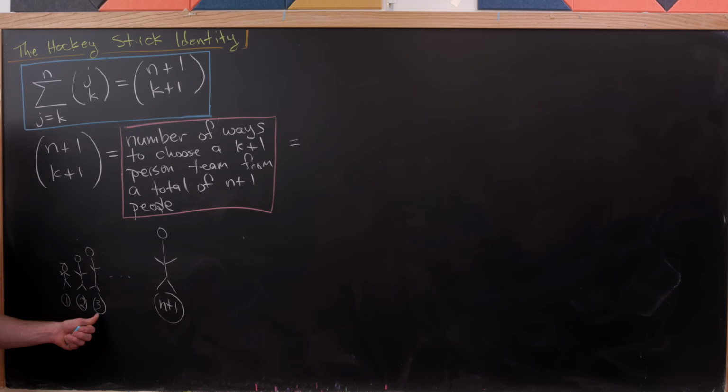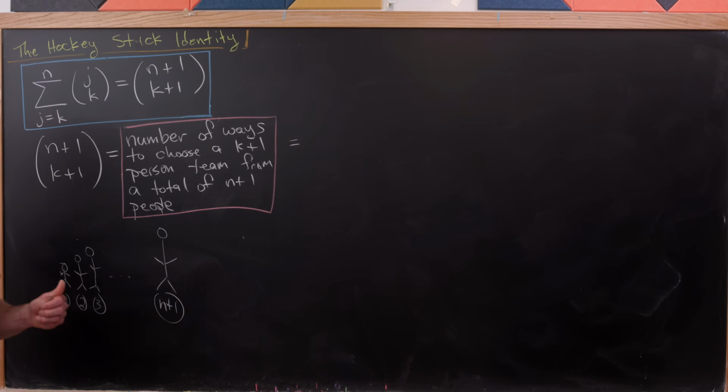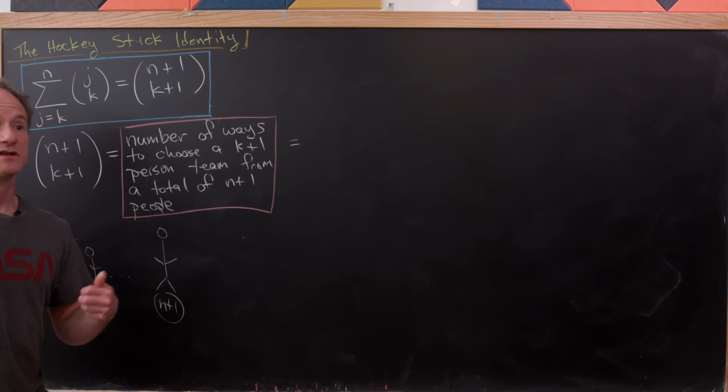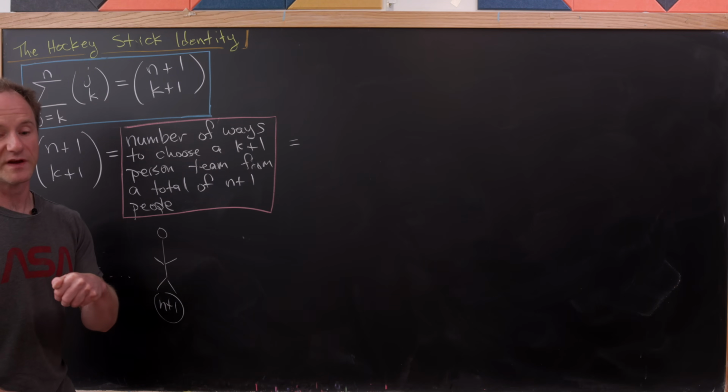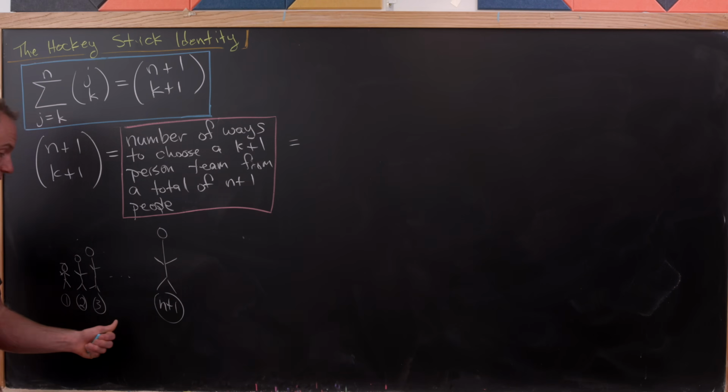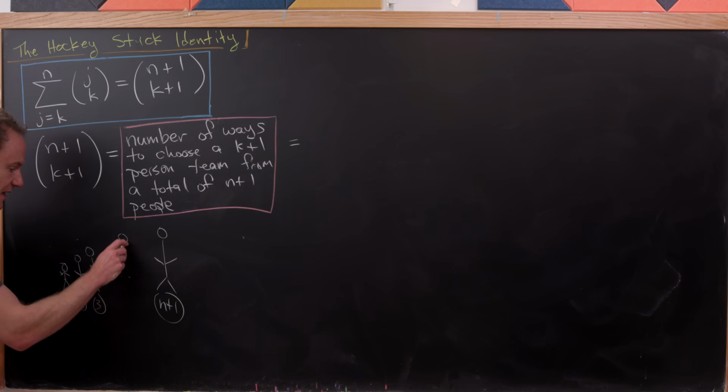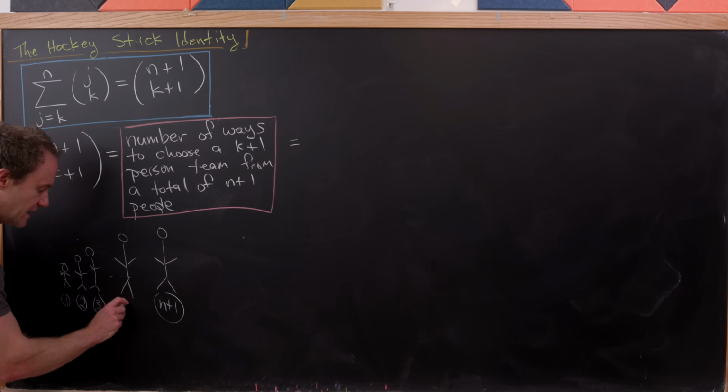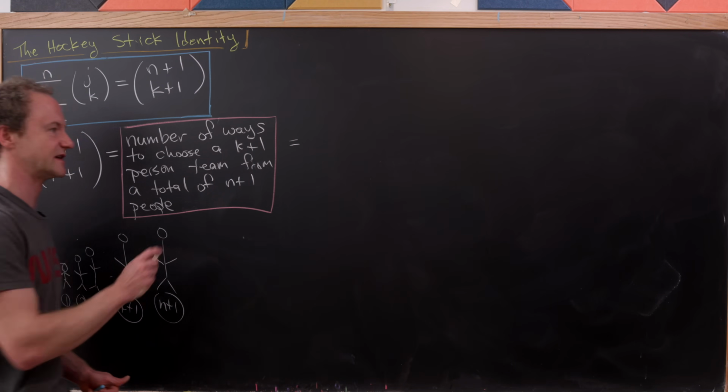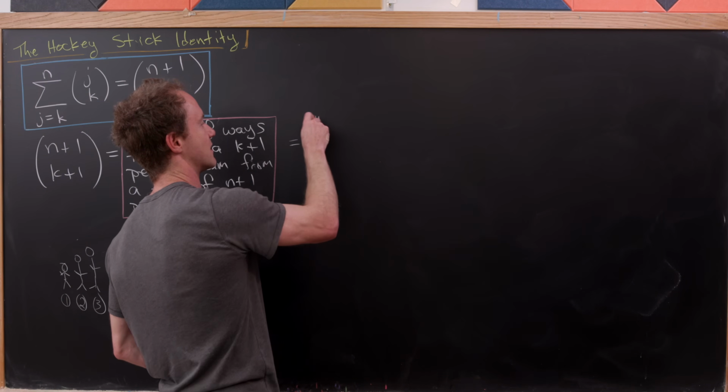In fact, there's not enough people to add to the left of person 3, assuming that k is large, because we want a k plus 1 person team, and there's only 2 people shorter than person 3. So we're going to keep that in mind, and that means that the team that we'll start with will be the team where person k plus 1 is the tallest. Okay, so that will be our first scenario.